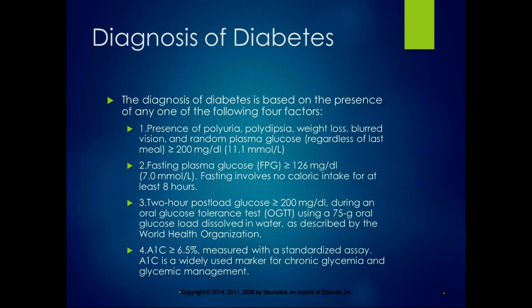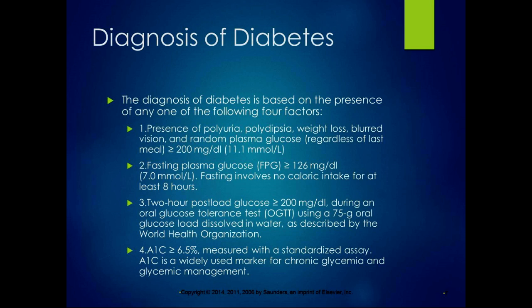Number 3, a 2-hour post-load glucose. What they do with the glucose tolerance test is they give you 75 grams of oral glucose dissolved in water, and then they test you 2 hours later and they see how fast that glucose goes out of your system, how you tolerate it, basically. And number 4, A1C of greater than or equal to 6.5%.